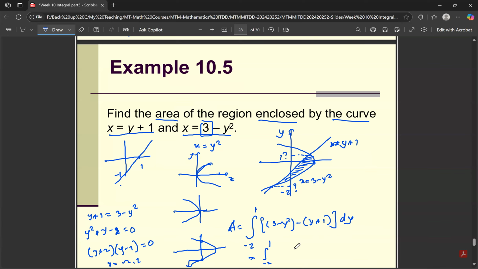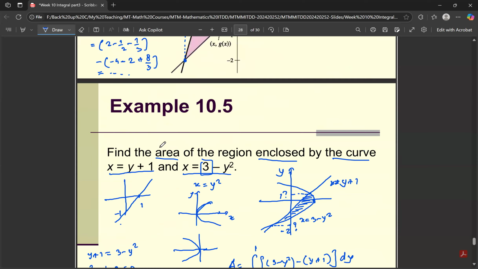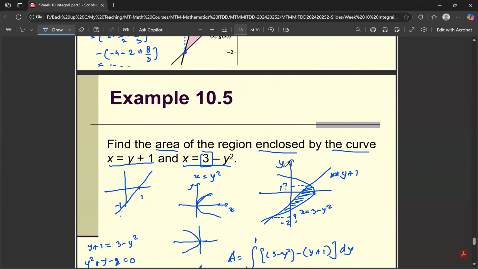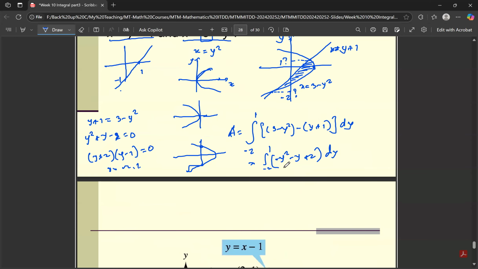This will be minus y squared minus y plus 2. And I think this is the same result as previous. We also have this integral, but they are different in the variable. The previous has the variable x, and this example has variable y.